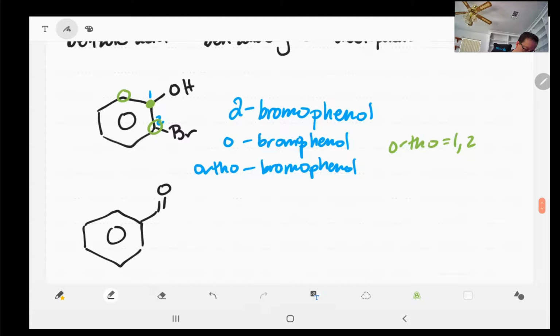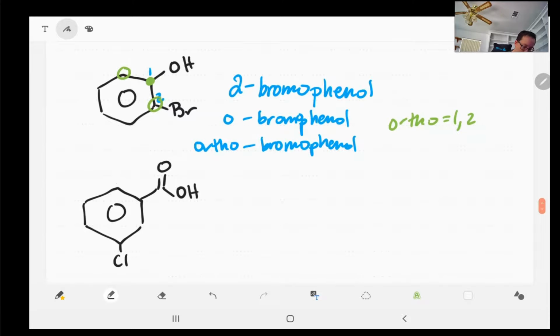We've seen another one before. We've seen something very similar to this when we talk about epoxides, right? We see that one of these names is meta-chlorobenzoic acid.